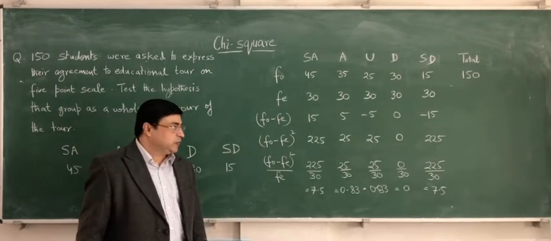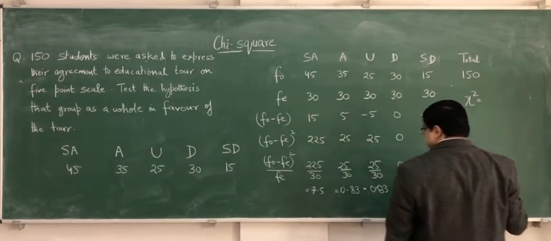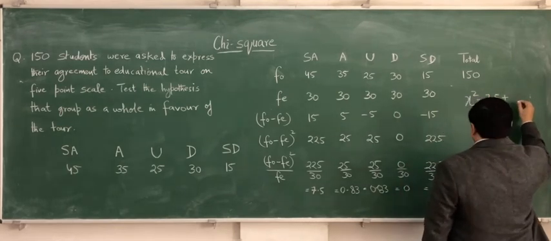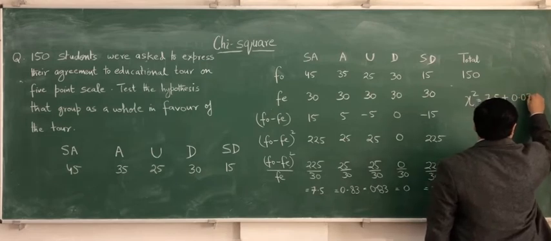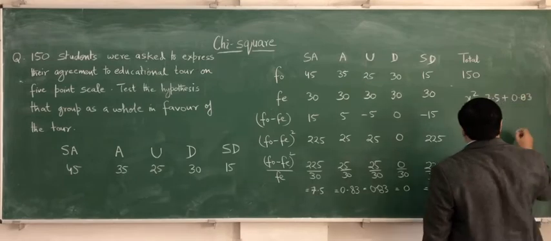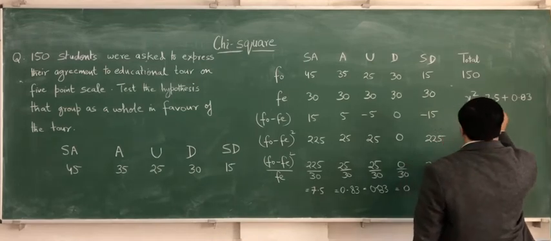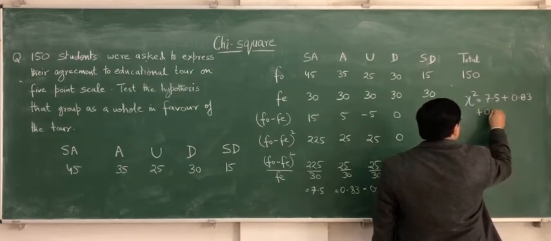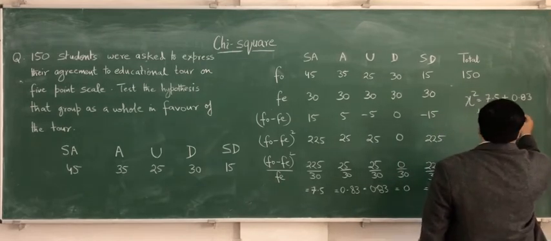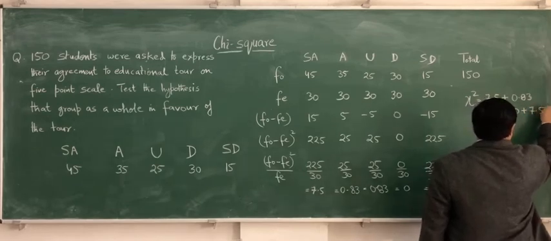So we know that chi-square is the sum of all these values. So that is 7.5 plus 0.83 plus 0.83 plus 0 plus 7.5.